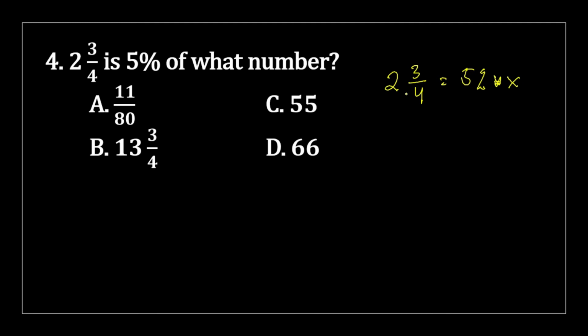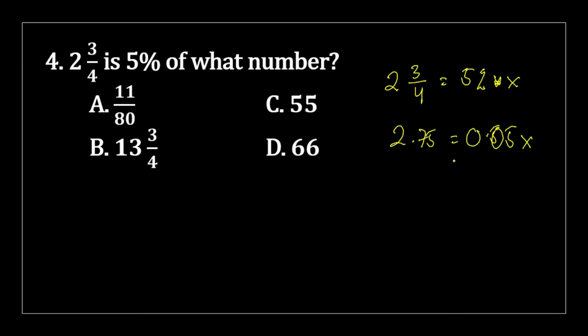So if we change 3/4 into decimal, we're going to get 2.75. This is equal to, let's change this percent into decimal. So 5% is 0.05, multiplied by x.